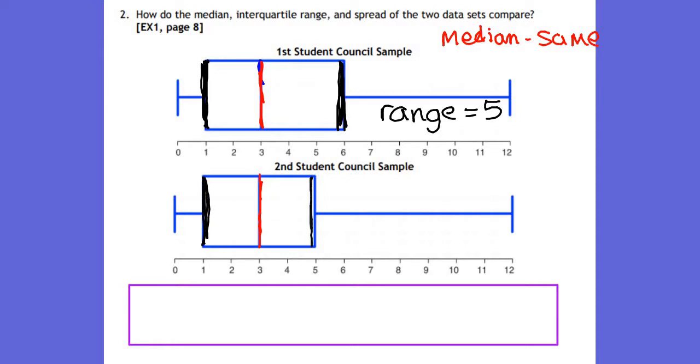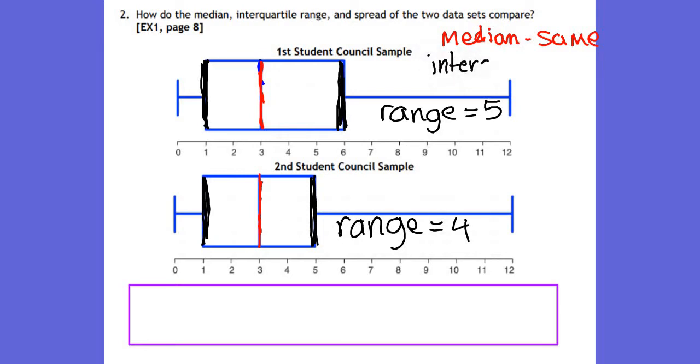Here's my inside line. This one's from 1 to 5. What's my range of this graph? It's 4. So what could I say about the interquartile ranges? They're different. Who's larger? The first is larger.